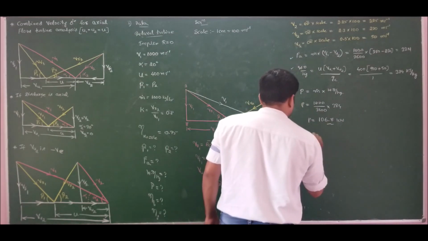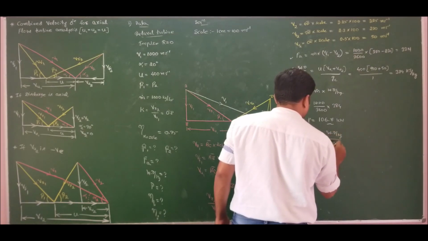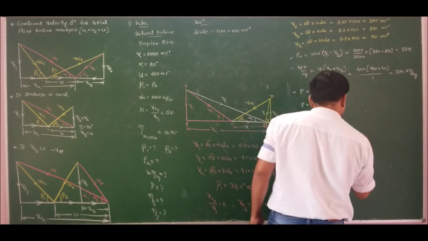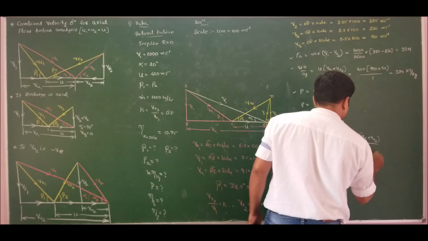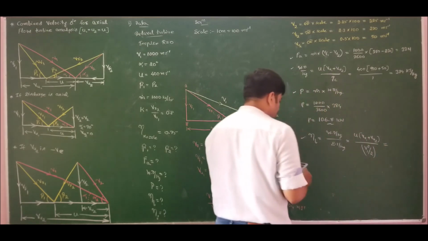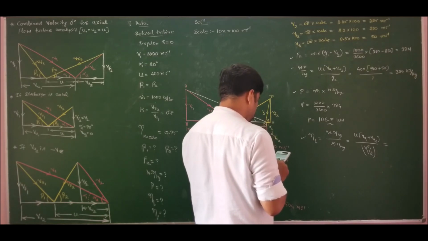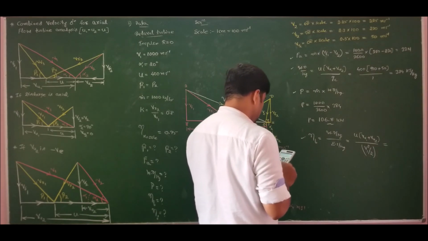Coming to blade efficiency, blade efficiency is equal to work done per kg divided by energy supplied per kg. For impulse turbine it is U of Vu1 plus Vu2 divided by V1 square by 2. So if I solve, I will get 2 times U, 400 given, into 960, which is Vu1 plus Vu2, divided by V1 square, which is 1000 square.